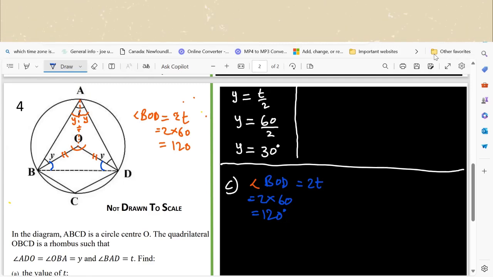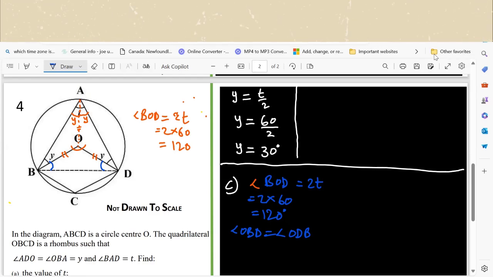We can get angle OBD. Angle OBD is equal to angle ODB. What's angle ODB? That's base angles of isosceles triangle.